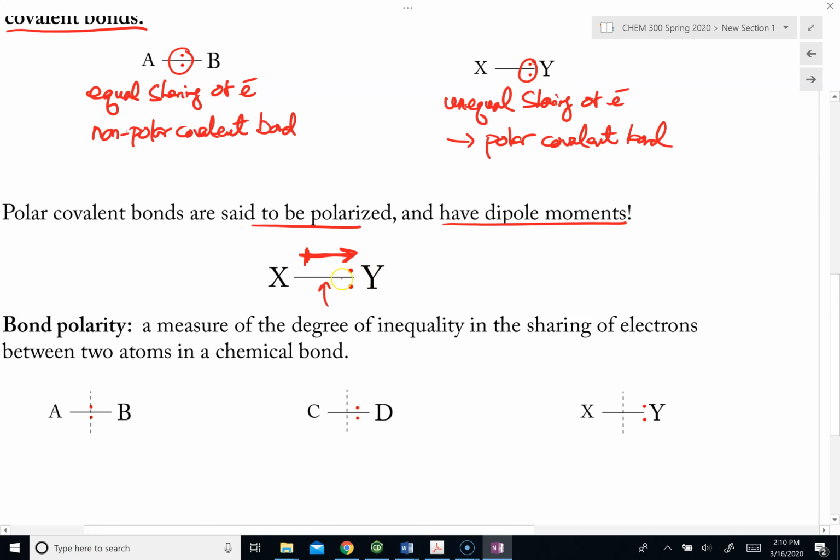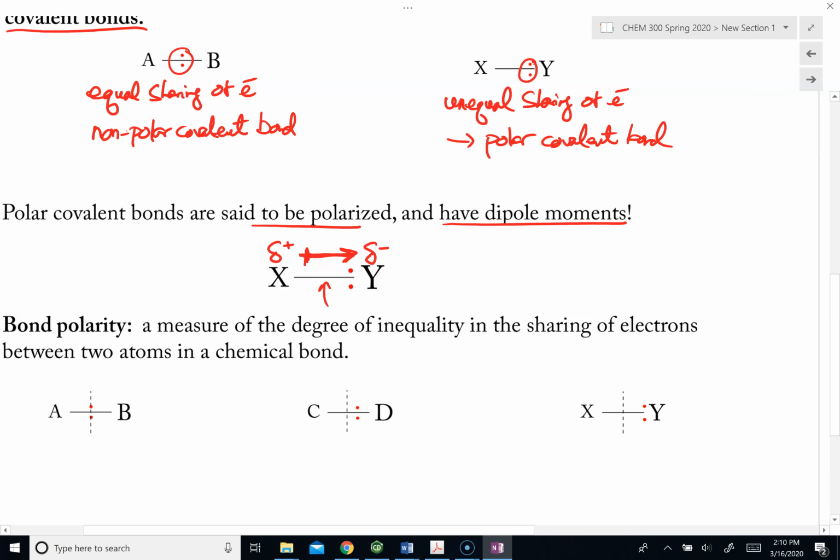So in this case, the electron density is not shared equally between X and Y, but more to the atom Y. Because atom Y is now getting the electrons, and we know that electrons are negatively charged, the atom Y is said to be partially negative. This is the symbol of partial followed by negative. And X is losing the electrons, so it becomes something that we call partially positive.